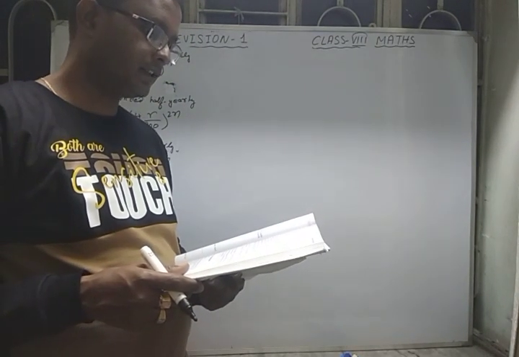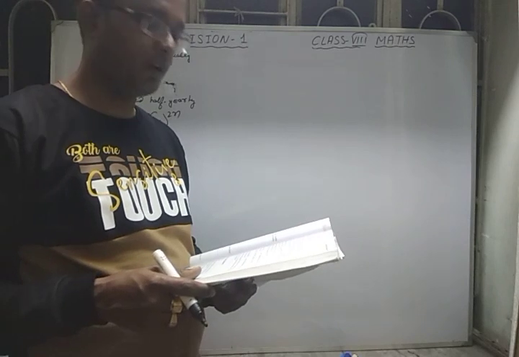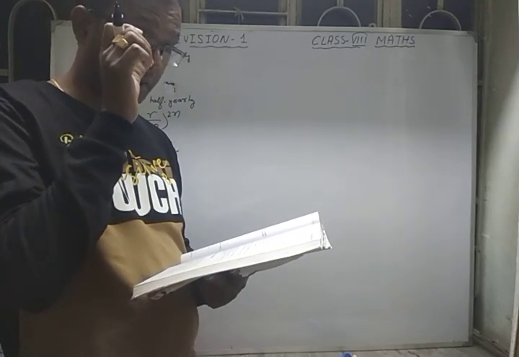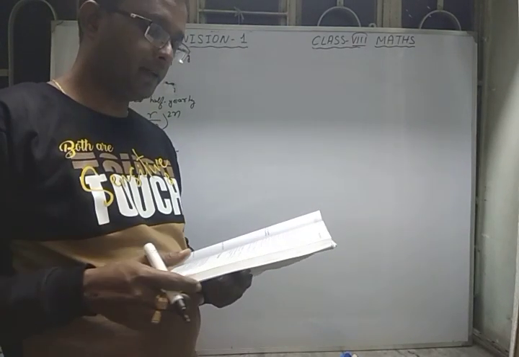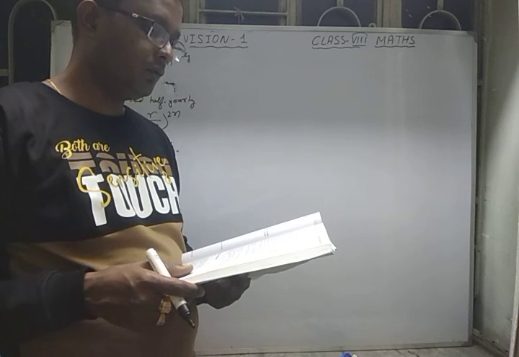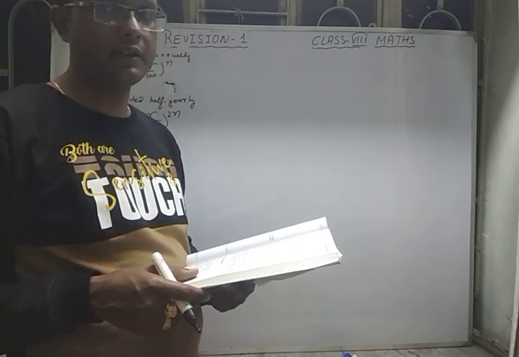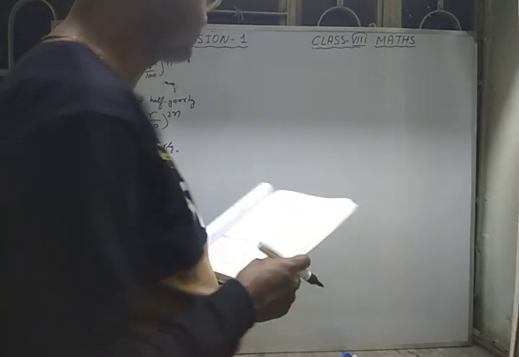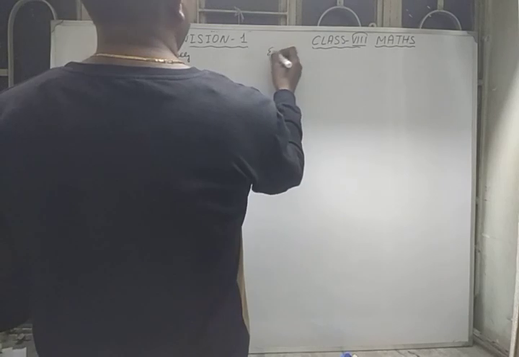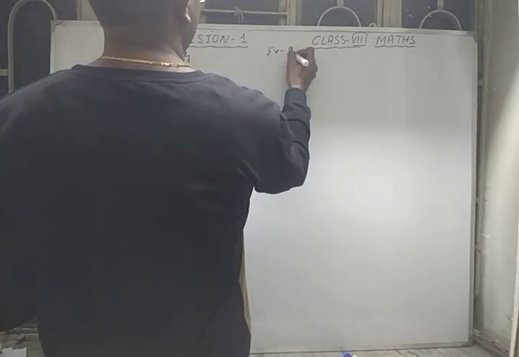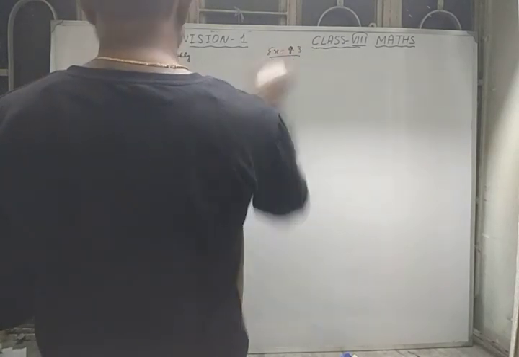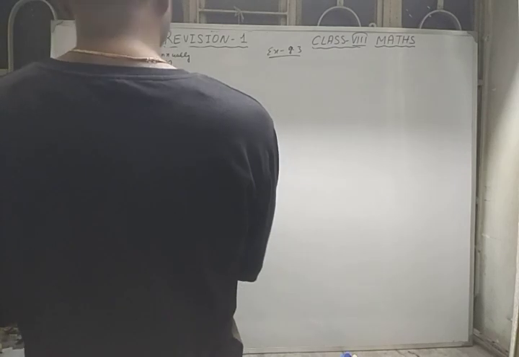What sum is invested for 1.5 years compounded half yearly at the rate of 8% will amount to rupees 1,40,608? So here, exercise number 8.3, yes.